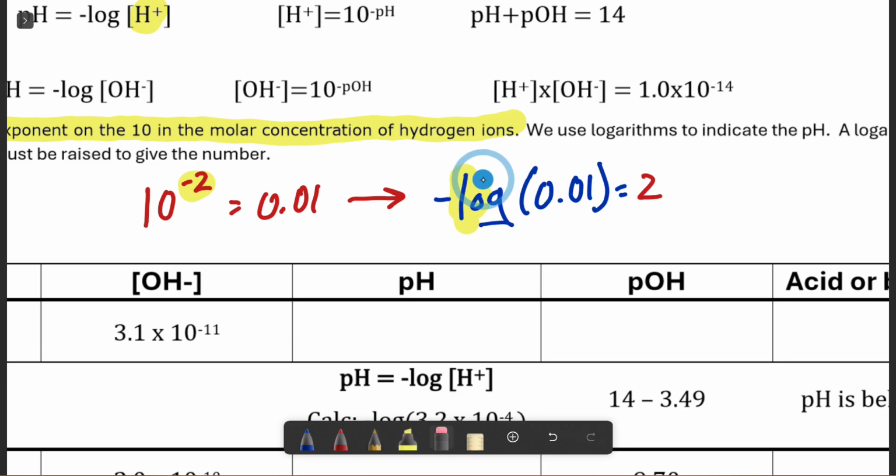Whenever you think of log, you should always be thinking there's an exponent above a 10. So when I read this, I'm saying what is the negative version of the number that must be the power of 10 to get me 0.01. And the negative version of a negative number is the positive, so we get a 2.